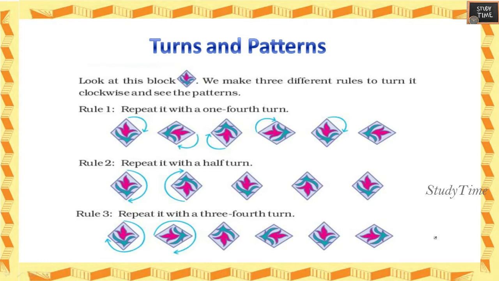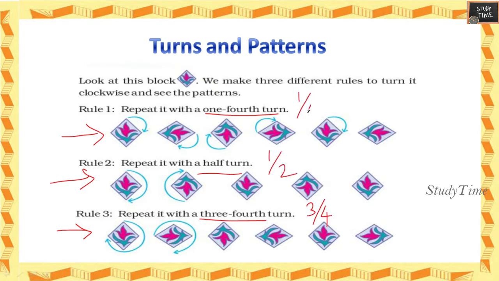First, the rule is the block is turned 1/4. Next, rule 2 is it is repeated with a half turn. Next, rule 3 is it is repeated with a 3/4 turn. So in this way, these patterns are made.